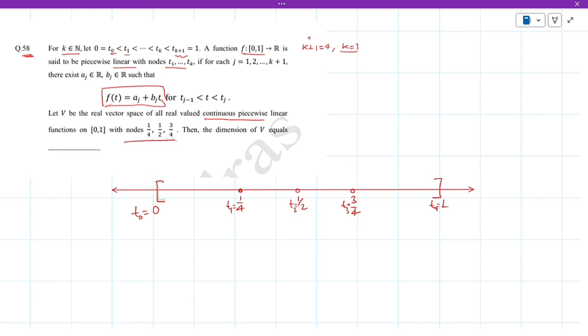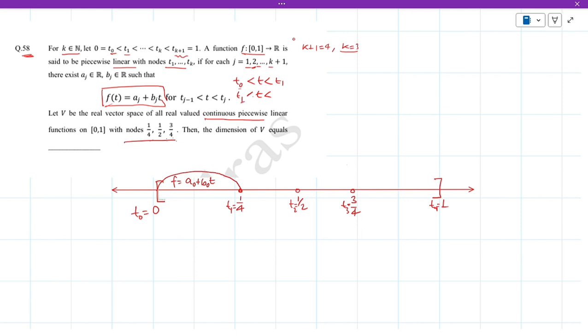If j is varying from 0 to k, when we put j equal to 0, we get t0 lying between t1, and your function in this domain is a0 plus b0 t, right? Similarly, if we put j as 1, we get t1 is less than t and less than t2.